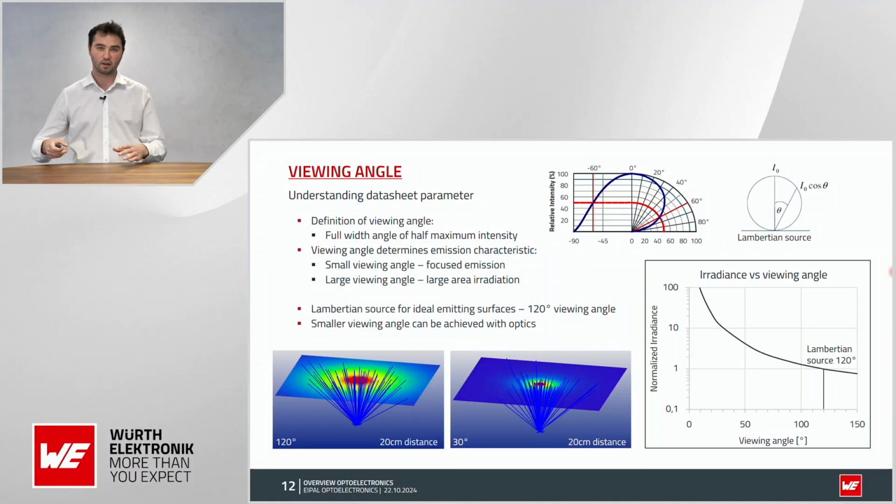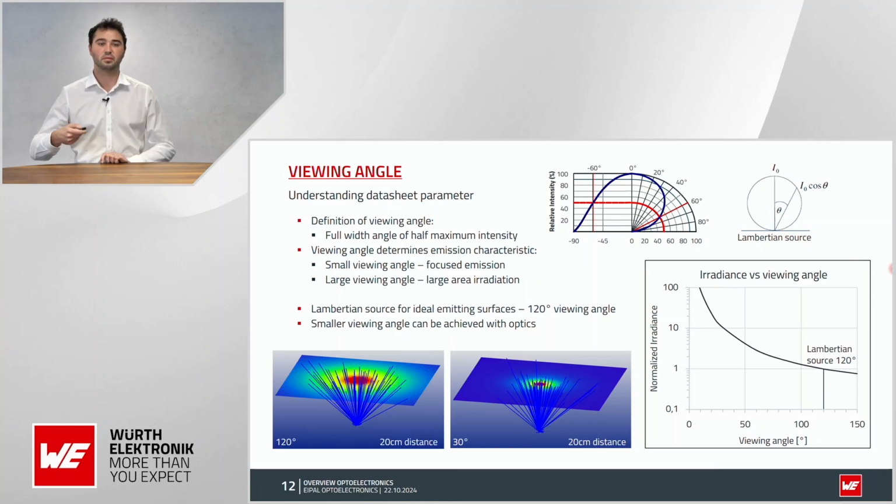But if you look from the top on the chip, you see a larger area than if you look from the side of the chip at a certain angle. And when you calculate all this out, what you will end up with is exactly this kind of curve with a 120 degrees viewing angle. And this is then called a Lambertian source.